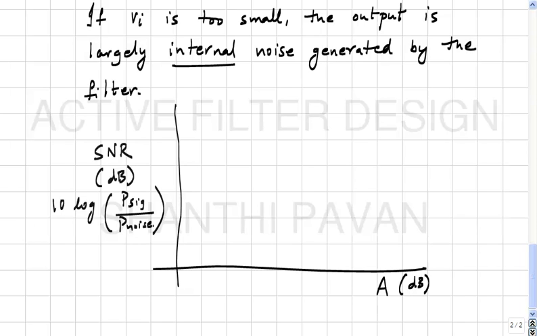Now, if all the transconductors were perfectly linear, in other words, the linear range was infinite, if I increase the input amplitude by 1 dB, what do you think will happen to the SNR? It should also increase by 1 dB.